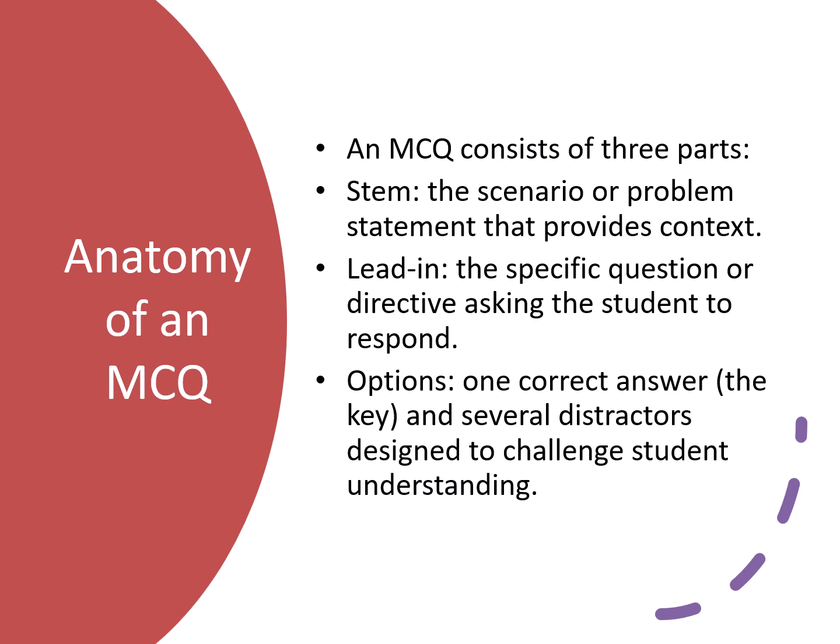The lead-in statement is a specific question or directive asking the student to respond. And finally, we have options. These can be three or four options based on the multiple choice question. Only one of these options is the correct answer, which is known as the key, while the rest of the options are known as distractors. And these distractors are designed to challenge student understanding.